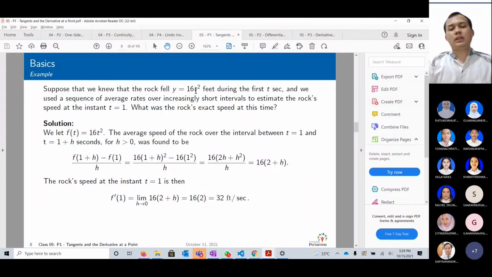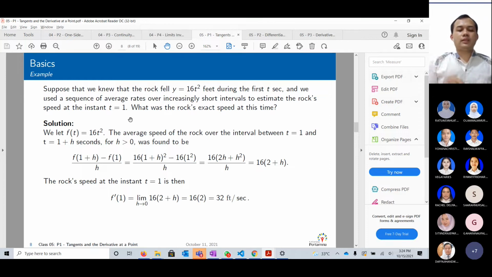Kemudian saat t 2 detik berarti 2 kuadrat, 16 kali 4 itu 64. Berarti batunya saat 2 detik itu sudah berada pada 64 kaki dari tempat batu itu dijatuhkan. Now, the question is at t equals to 1, what is the rock's exact speed at this time? Jadi kecepatannya berapa saat t sama dengan 1?